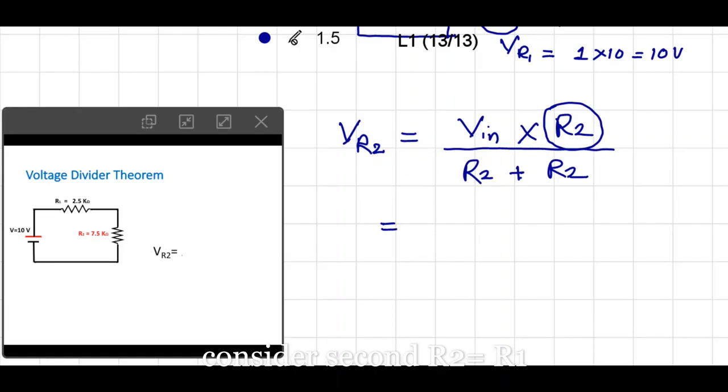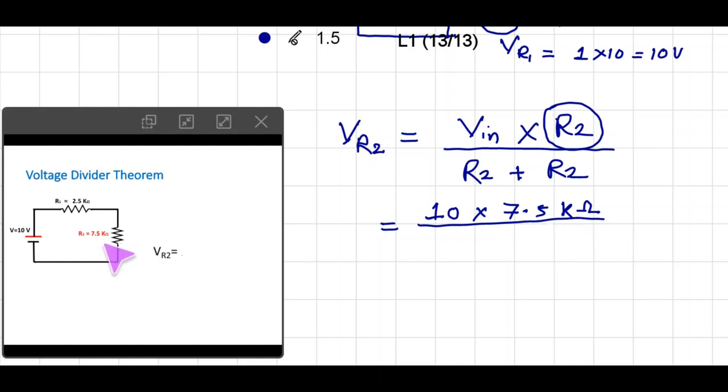From this we can easily say that V in is equal to 10 volt into R2, which is 7.5 kilo ohm, divided by R2 7.5 plus 2.5. Obviously they are in kilo ohm, so 7.5 plus 2.5 becomes 10k.